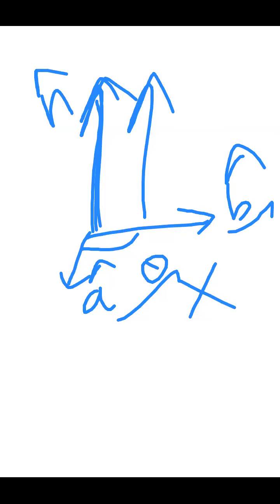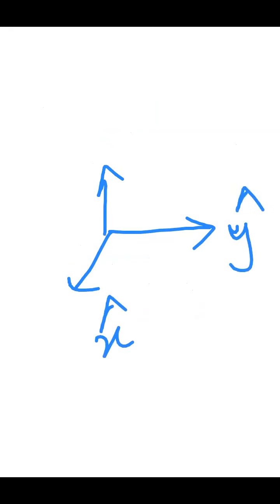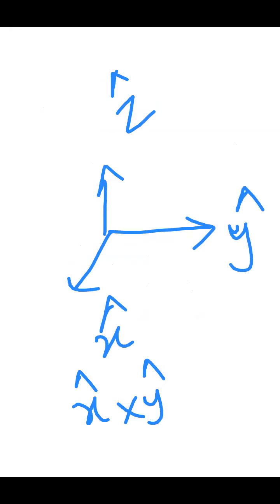Anyway, this is the basics of vectors. And again, what about the unit vectors in the case of cross product? See, this is my x cap, this is my y cap, this is my z cap. Then what is the cross product x cap, y cap equal to, sir? z cap.